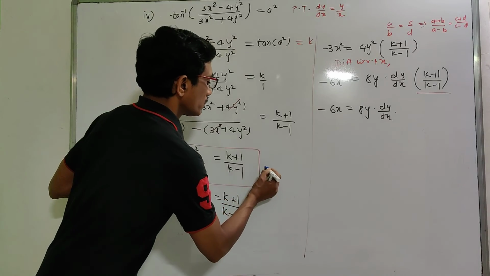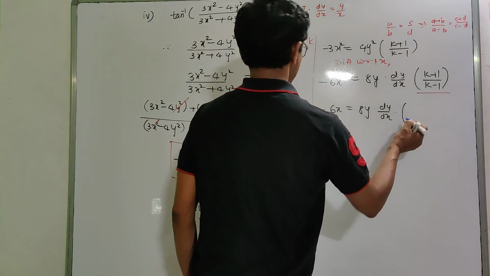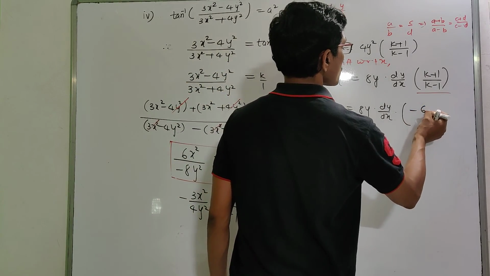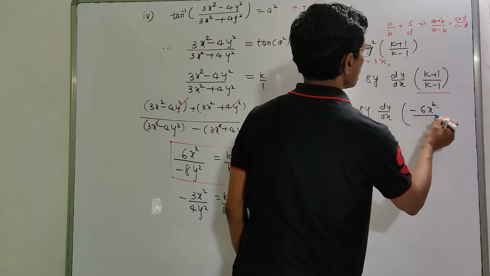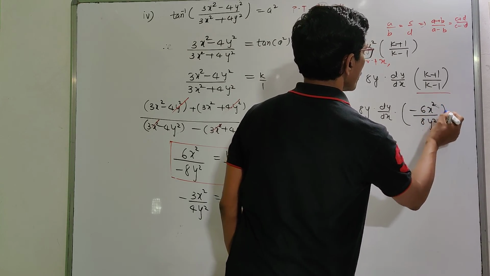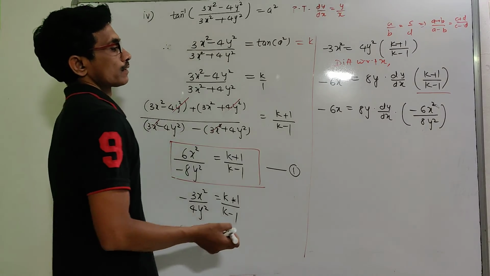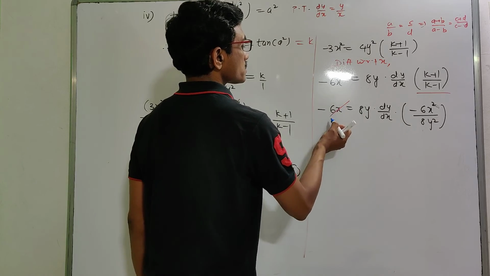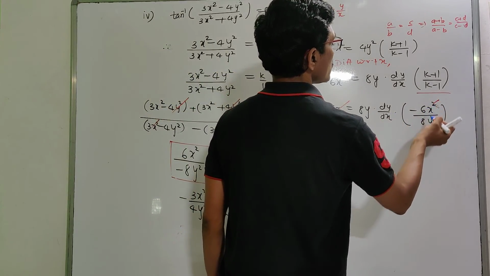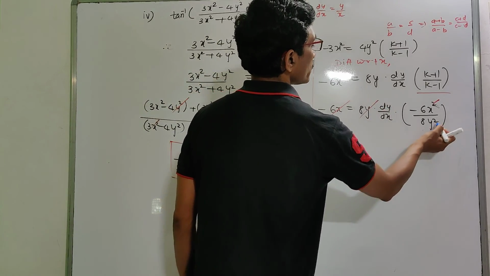From the first equation we will write minus 6x square upon 8y square. This we write. So here x is getting cancelled, 6 and minus 6 are getting cancelled, and 8y is getting cancelled.